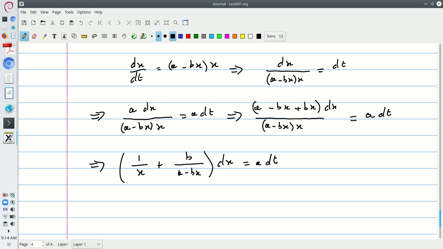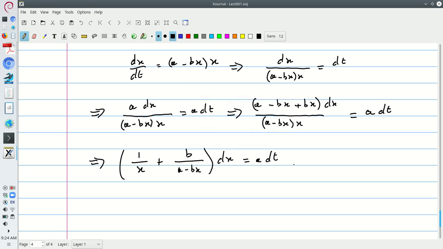So now it's clear what I have done. I have simply found a way to decompose this ratio of two polynomials in simpler terms, because now I know how to integrate 1 divided by x, and I also know how to integrate b divided by a minus bx.